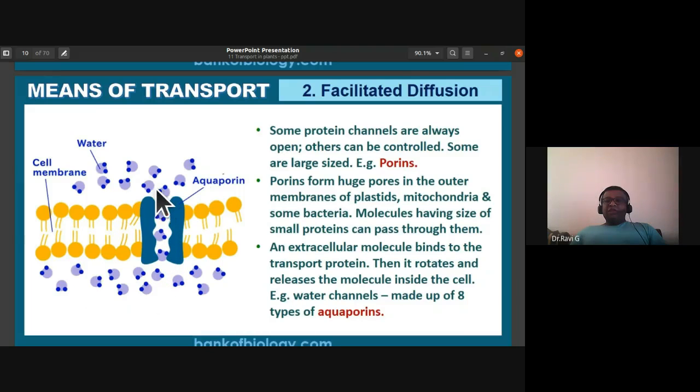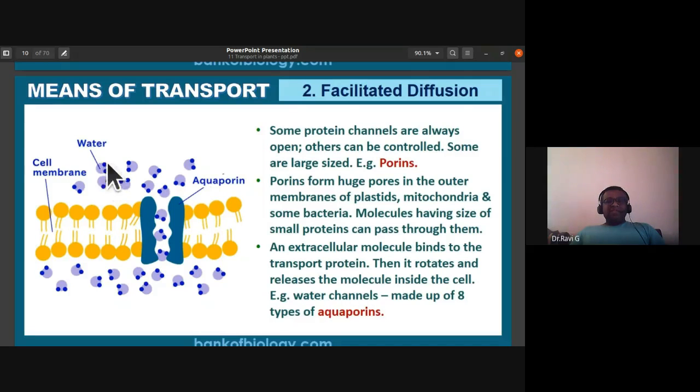See, the point of entry is in this direction. Then it is rotating and releasing them inside the cell. So that is what the protein channel is doing whenever an extracellular molecule binds to the transport protein. It is going to rotate it and then release the molecule inside the cell.